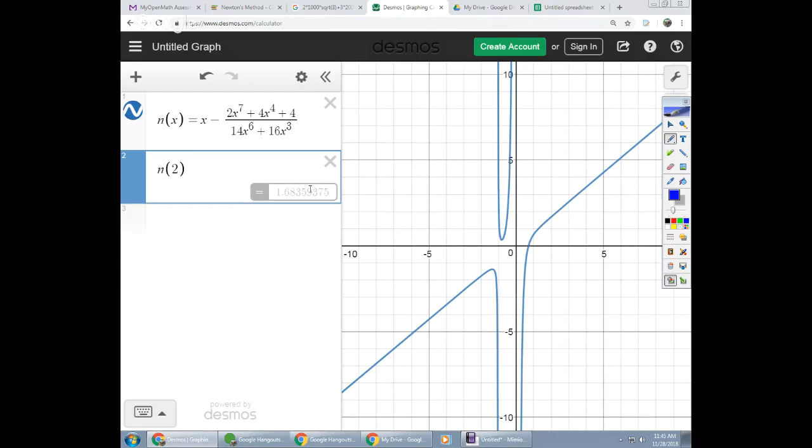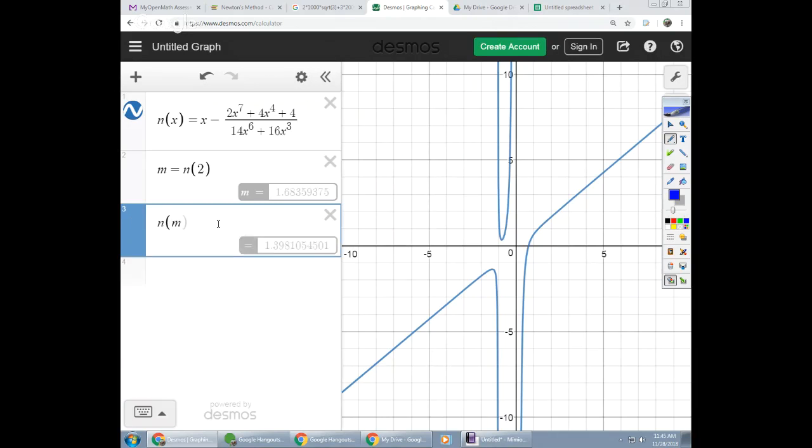Now, to get this number in here, you have to assign it to something. So let m equal that number. And then you go, okay, what is n of m?